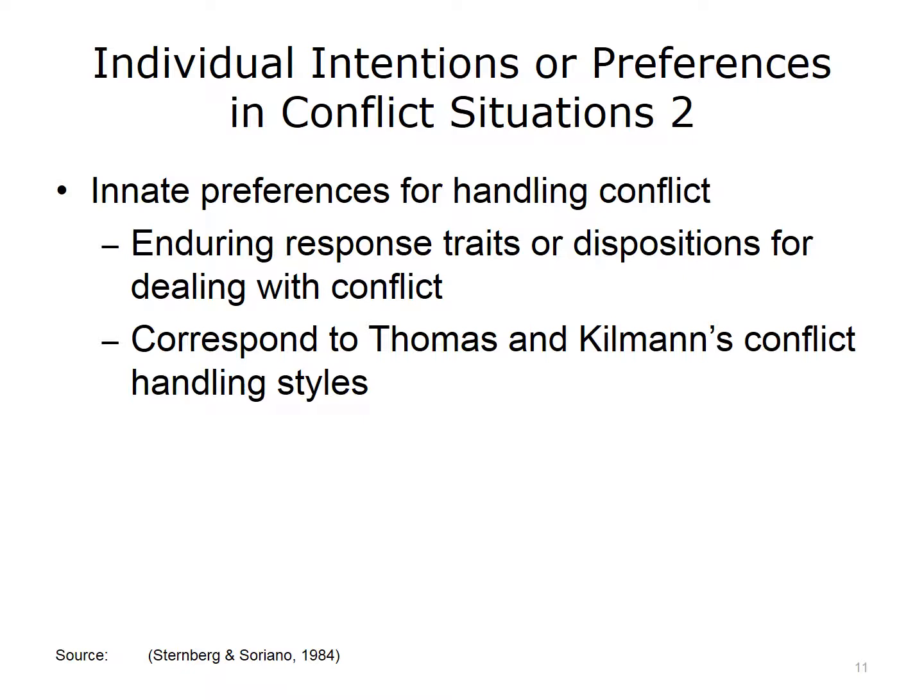Interestingly, research reveals that individuals have certain innate preferences for handling conflict, and that these correspond to Thomas and Kilmann's conflict handling styles. Sternberg and Soriano suggest that it may be more fitting to think of the 5 conflict handling styles as relatively enduring conflict response traits or preferences, as opposed to alternative choice behaviors people can choose to best match a particular conflict.